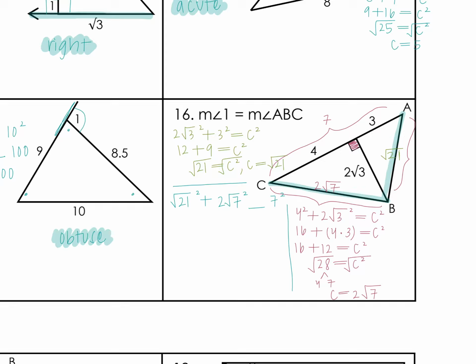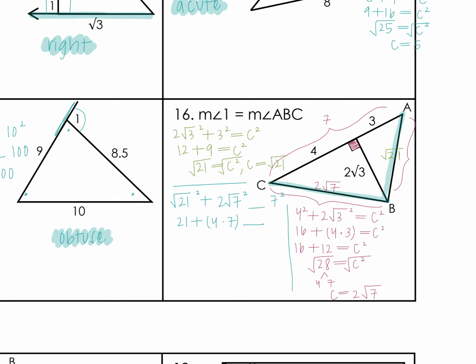All right, so that square root of 21 squared is going to give me 21 plus that 2 root 7 squared is going to give us, so 2 squared will give us 4, and that root 7 squared will give us 7.